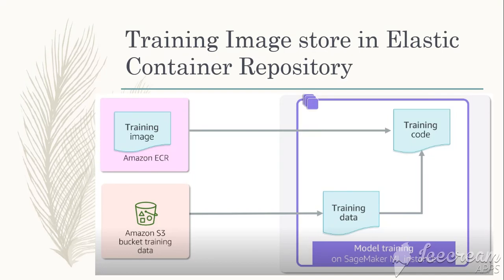So you are going to have your training data in your S3 bucket, and your training algorithm we are storing as the image in ECR. The ECR is Amazon ECR. It means Elastic Container Registry.